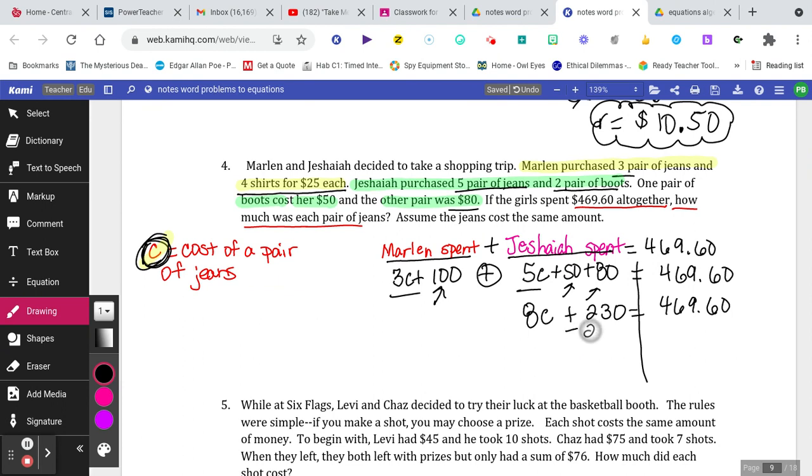We're going to subtract 230 from both sides. Line the decimals up and subtract. Bring down 8C. Then I'm going to divide both sides by 8, and it's going to give me the cost of each pair of jeans. So C equals 239.60 divided by 8. Each pair of jeans was $29.95.